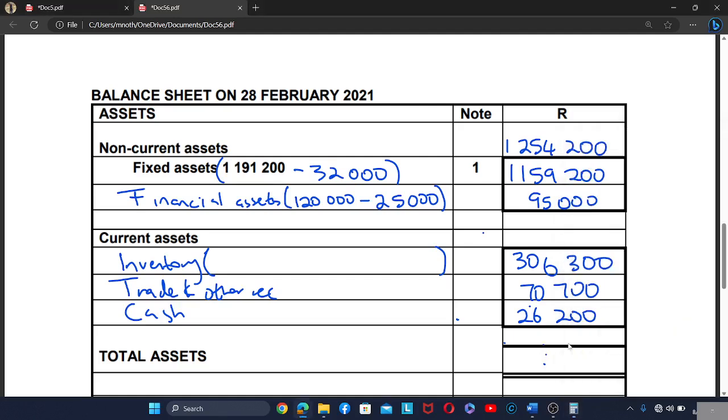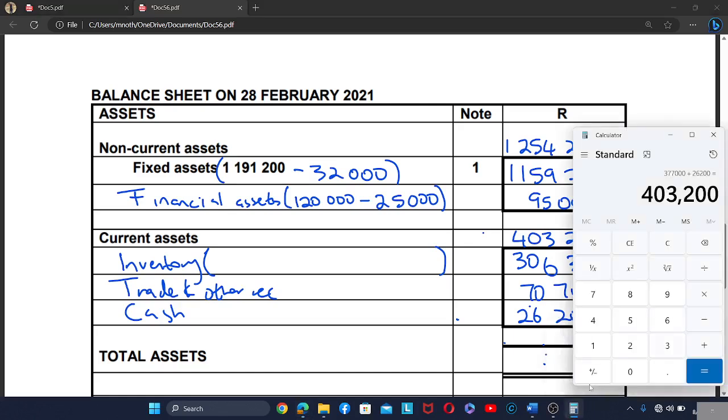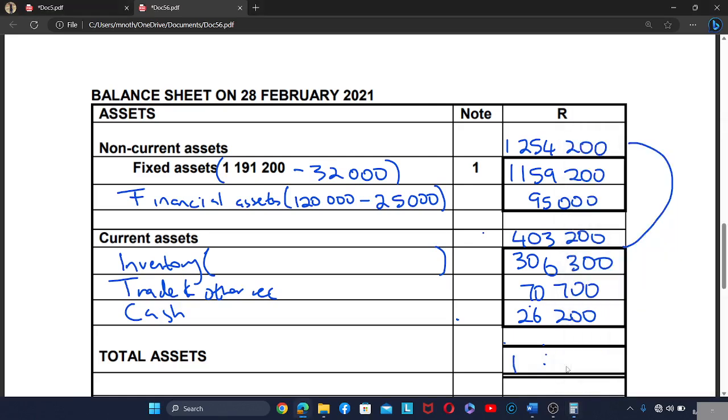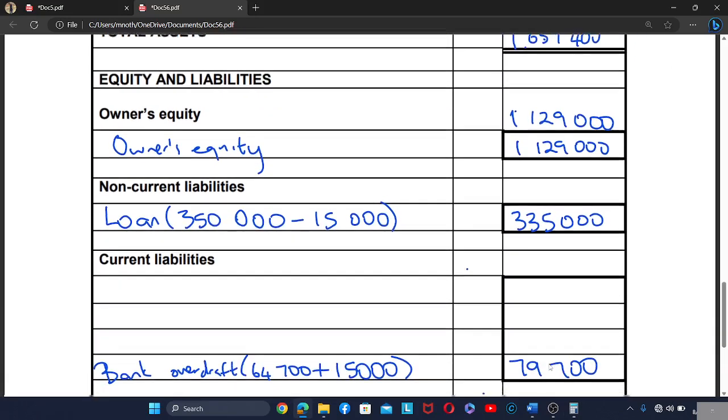That is going to be 403,200. Then to find the total asset, you must add the non-current asset plus the current asset. So adding those two, 1,254,200, it is going to be 1,657,400. Right?